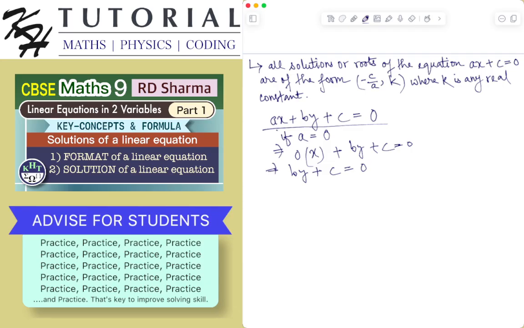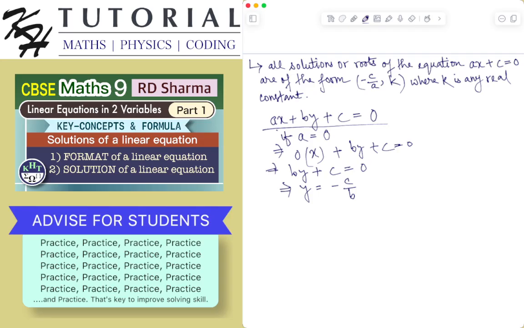But if I have to think of by plus c equals 0 as a linear equation in two variables x and y, from by plus c equals 0, I clearly see that y is equal to minus c by b.